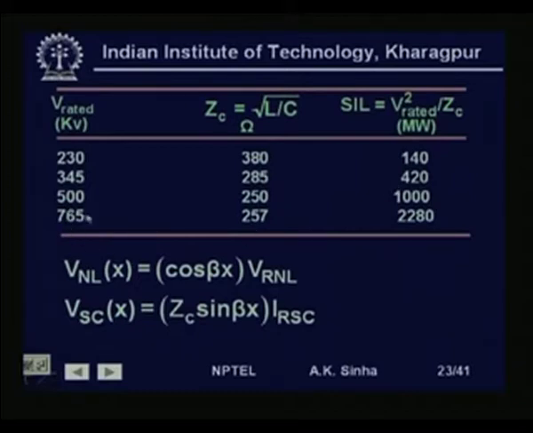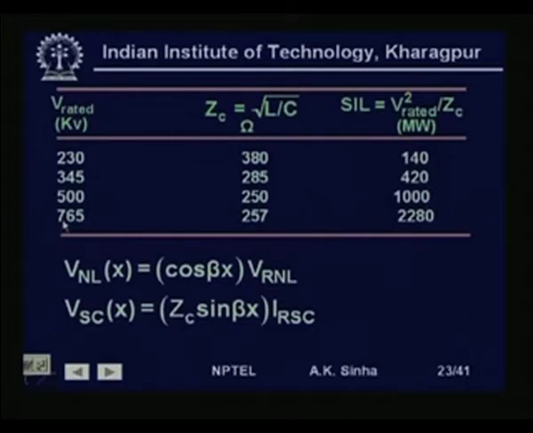For 500 kV, Zc, the characteristic impedance, is equal to 250 ohms, and the surge impedance loading of the line is 1000 megawatts.